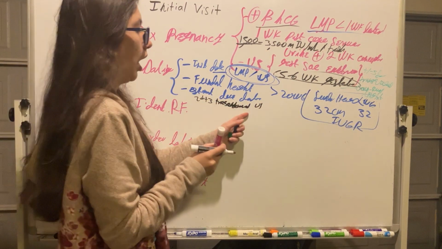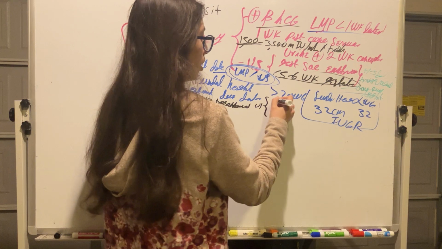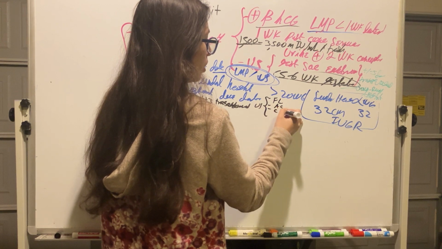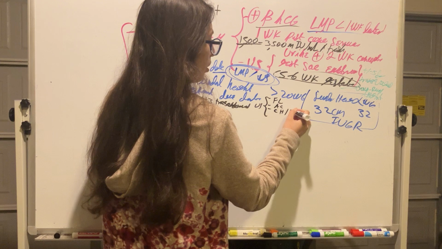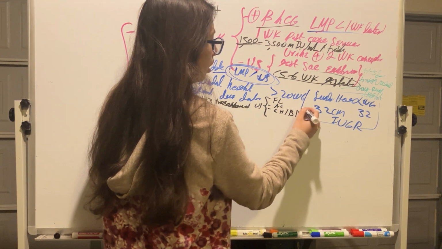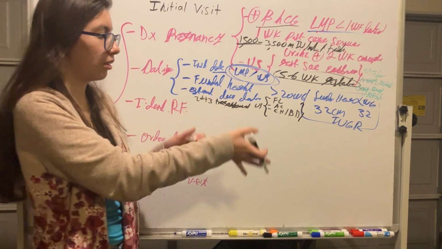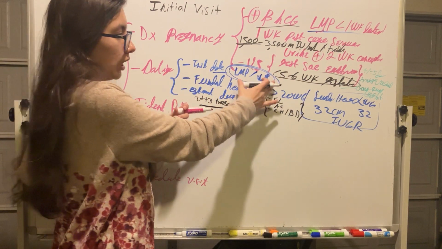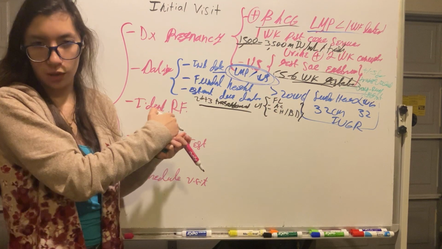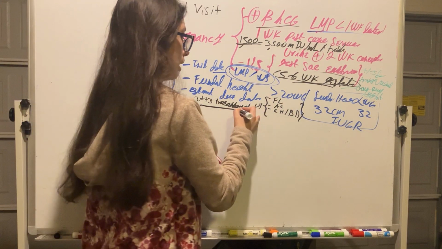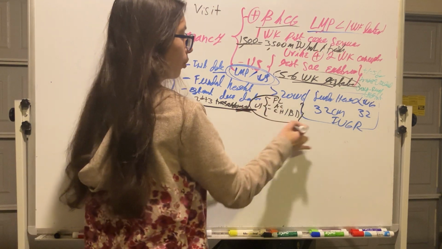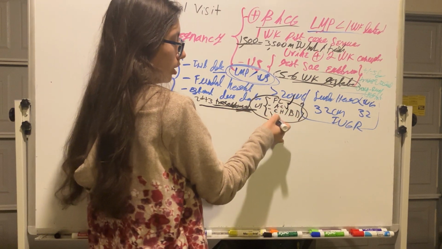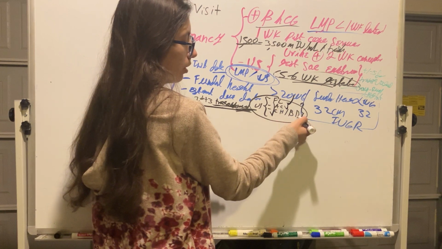Here we measure the femoral length, the abdominal circumference, the circumference of the head, and the biparietal diameter, to estimate gestational age based on a transabdominal ultrasound and compare it with the initial ultrasound, which gave us an estimation of the gestational age.